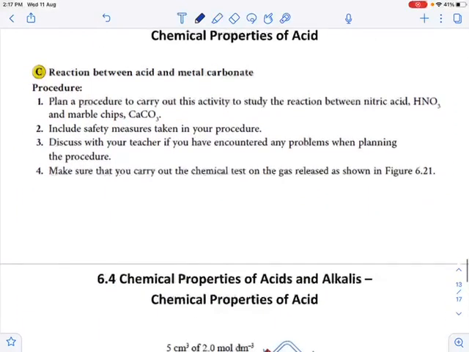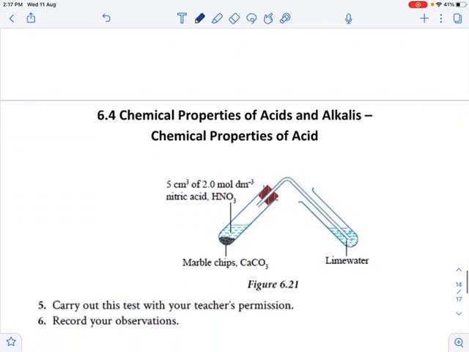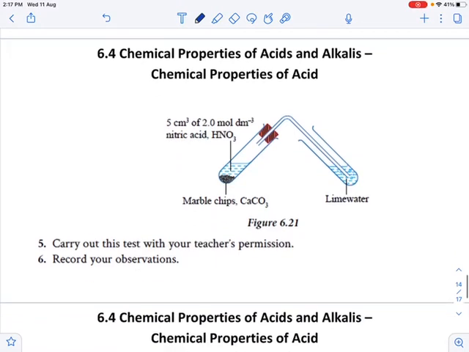The third chemical property of acid is the reaction between acid and metal carbonate. So for this chemical property, we use the reaction between nitric acid and marble chips, which is calcium carbonate. Okay, kita tengok dulu diagram 6.21.